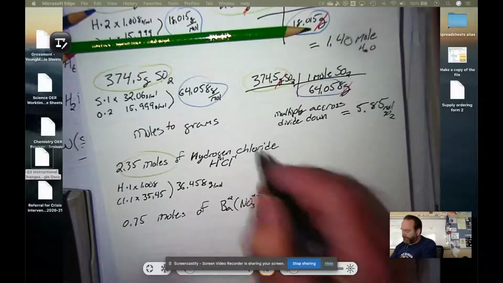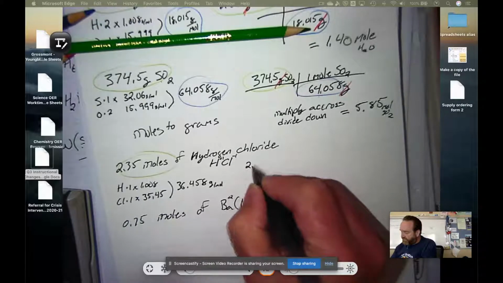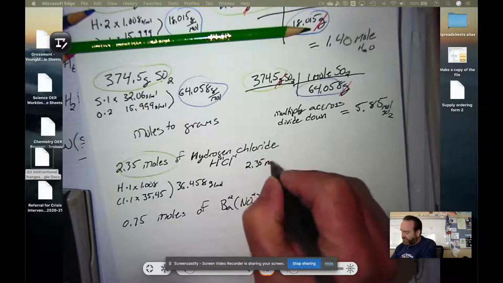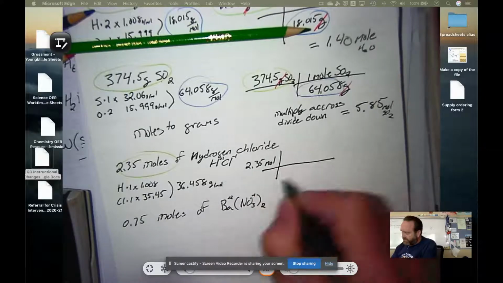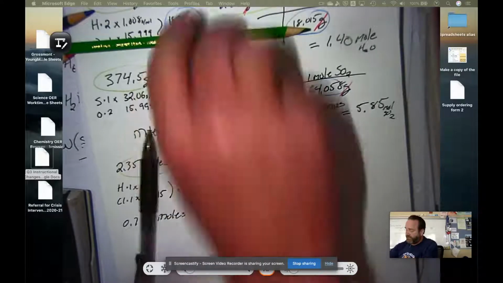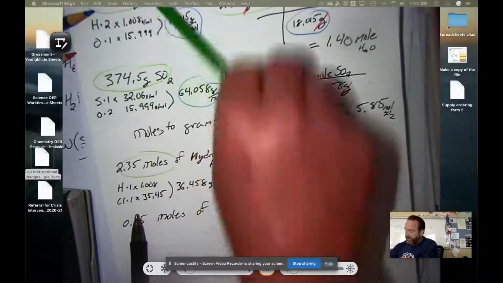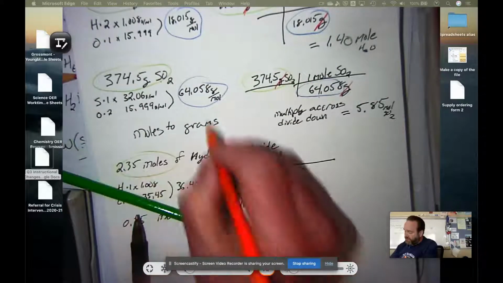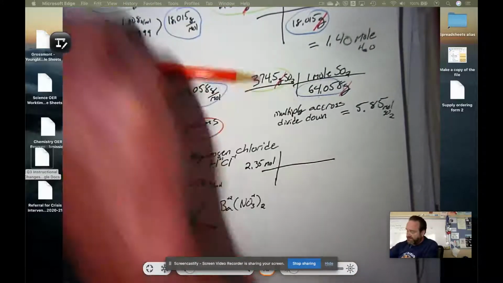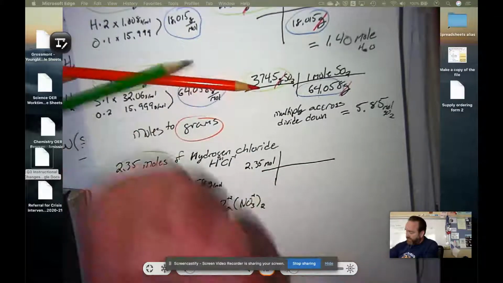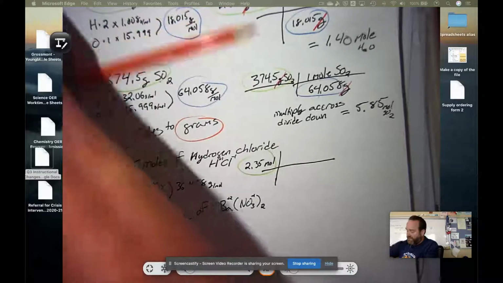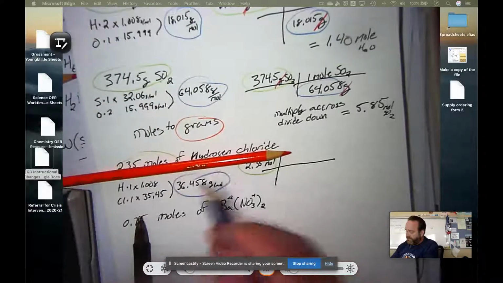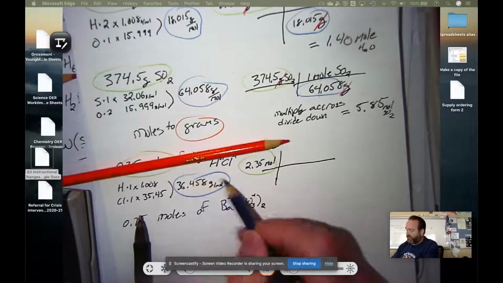All right. Take my given, 2.35 moles. Make my conversion. Now this time, I am going to grams. So my given always starts in the top left, but my conversion, I want to get rid of the moles.